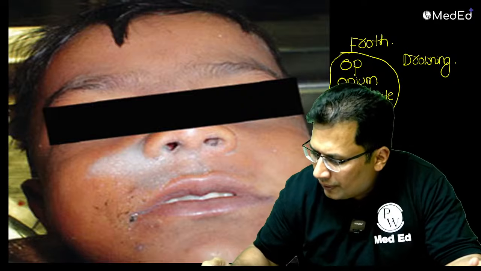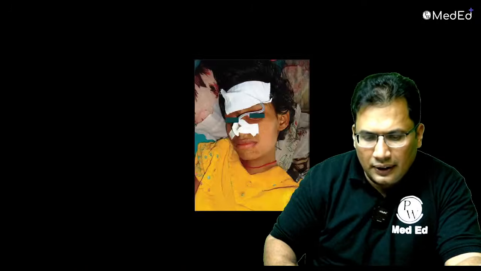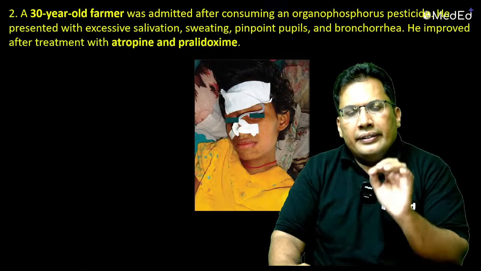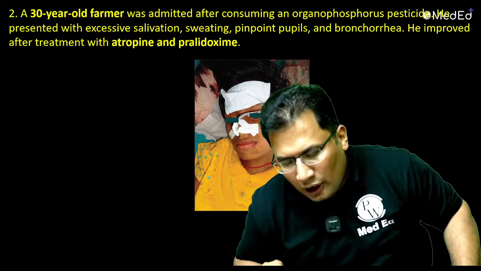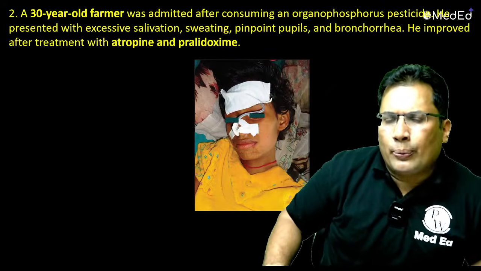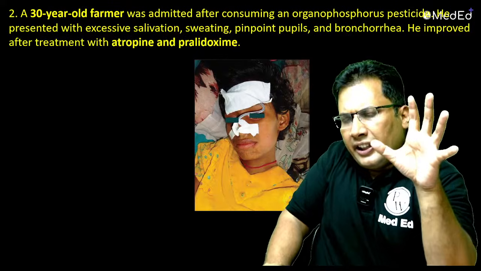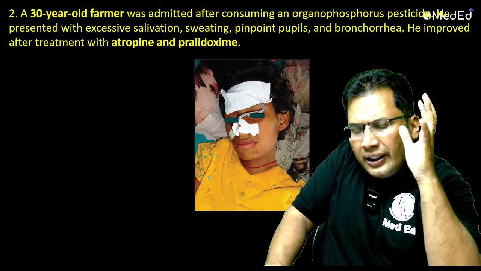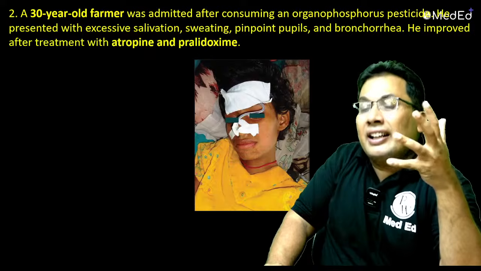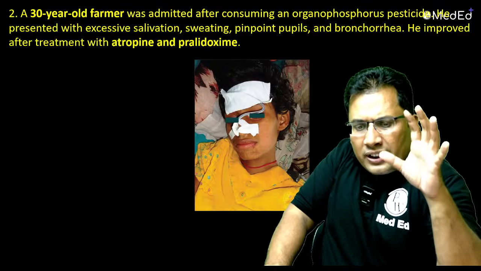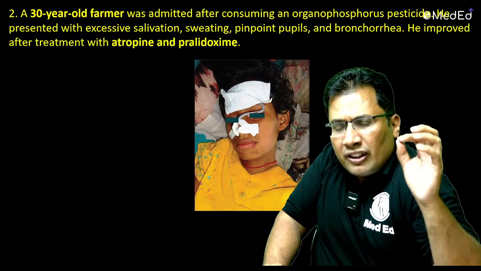Okay. The next clinical scenario is related to the same OP poison. Now look at the case carefully. A 30-year-old farmer, an agriculturist, was admitted after consuming organophosphorus pesticide.